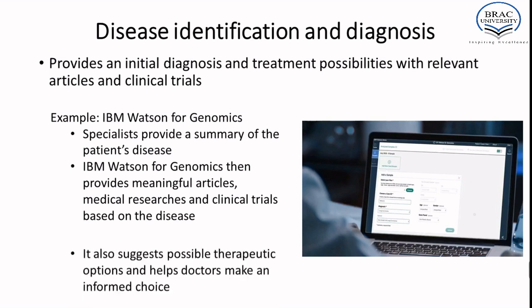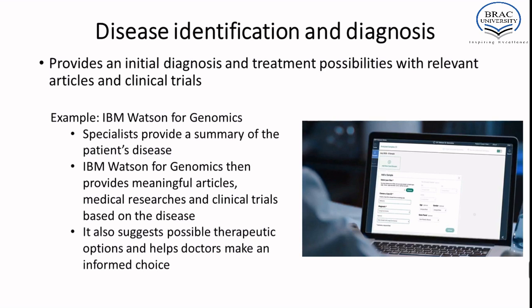It also displays potential clinical trials going on currently for the disease. It helps the doctors by providing informed choices regarding the treatment and also suggests possible therapeutic options. As a result, it helps the doctors in guiding the patients in the right direction for their medical treatment.